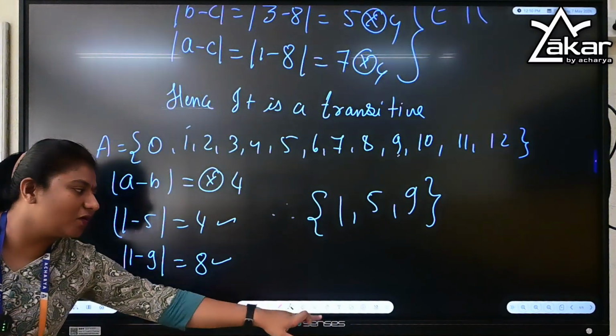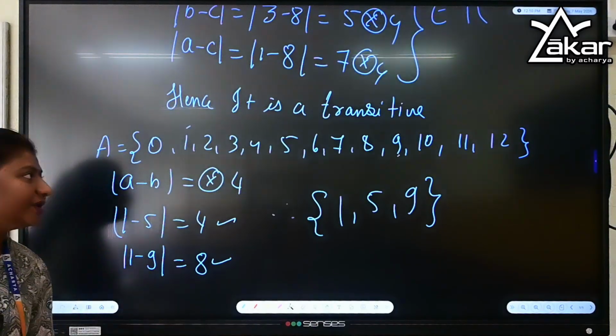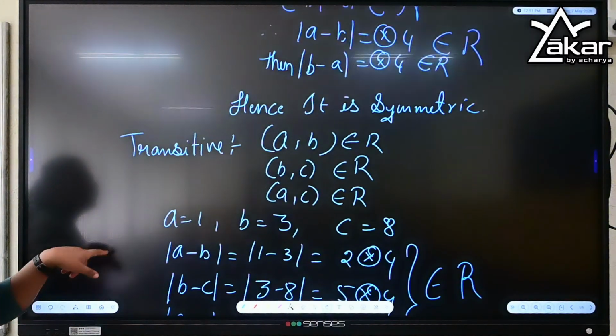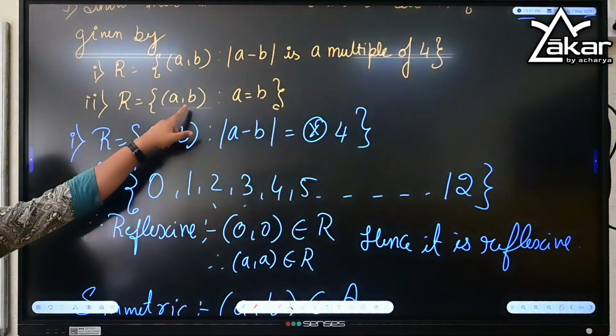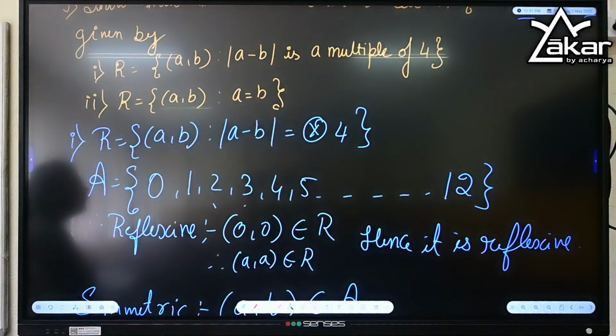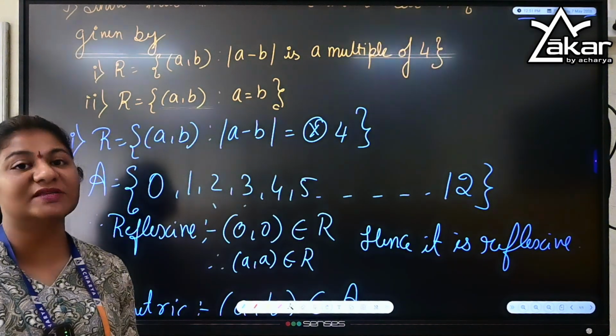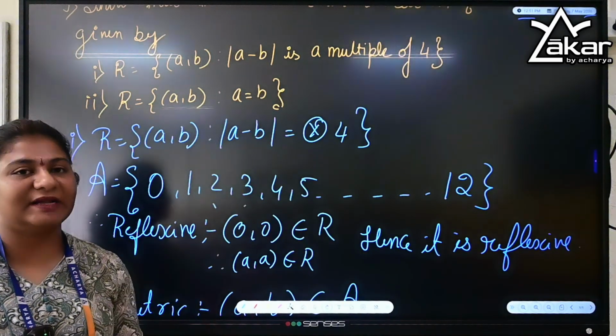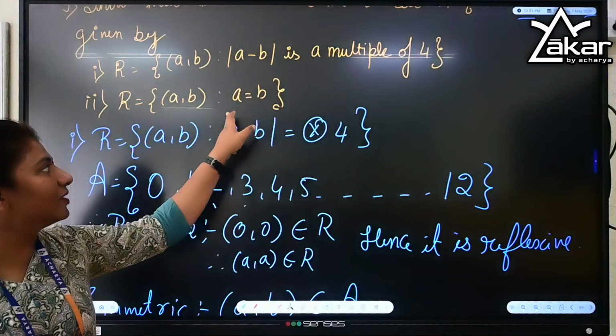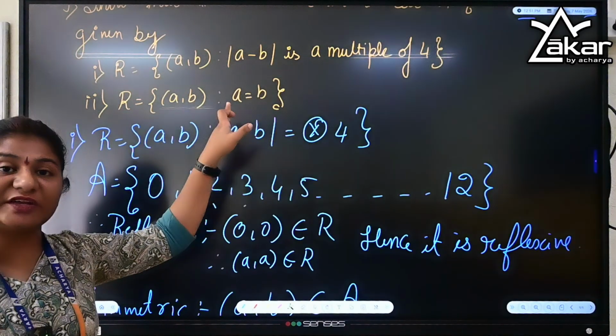So there is a homework. In the same way, you need to do the second question. What does it say? R is equal to (a, b) for every a equal to b. Obviously, if I put 1, then 1 will occur. So it is a multiple of 4. Therefore 1 is equal to 1, 2 is equal to 2.